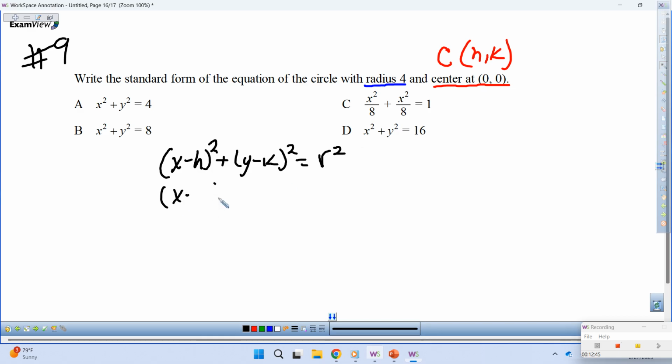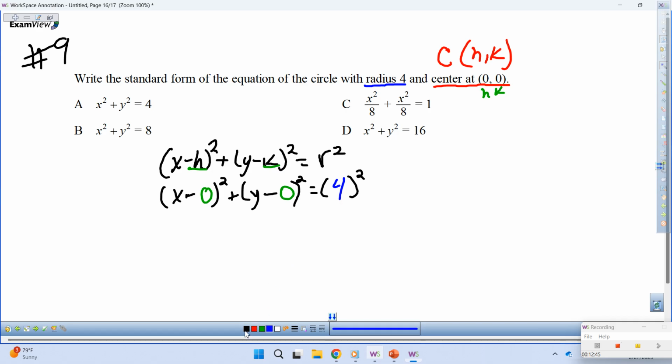So x minus blank squared plus y minus blank squared equals parentheses squared. So we need h and k. What is h? h and k are 0 and 0. Our radius is 4.